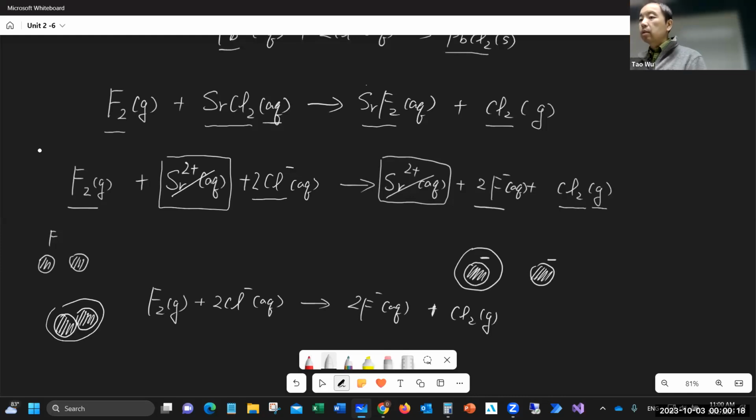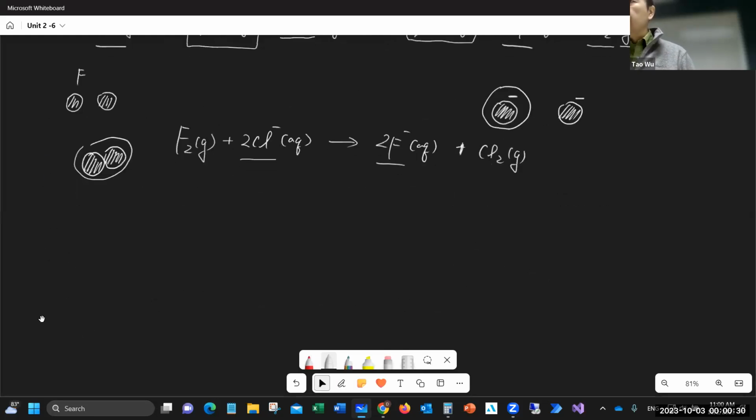That's it. You see, I have a 2 negative charge at the beginning, and a 2 negative charge after that, and the elements are also the same. Okay, so this is how we balance these equations.